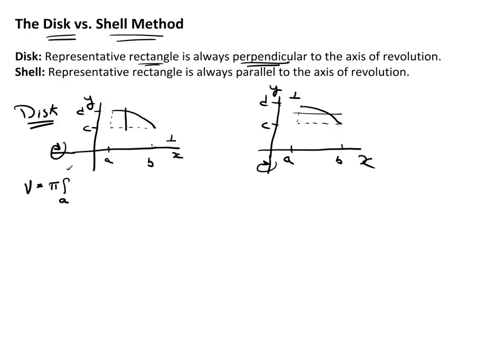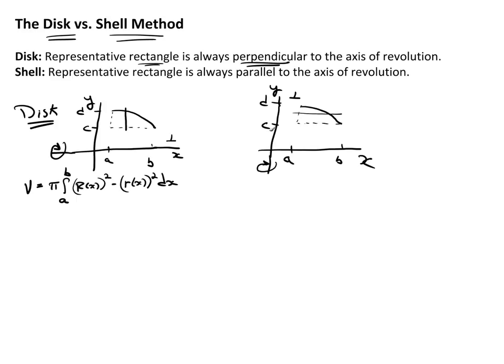I'm going to be going from A to B. I'm moving this disk along the x-axis from A to B of this outer radius, which we thought of as capital R of x squared, minus the inner radius, little r of x squared, dx. See, this is a function of x.